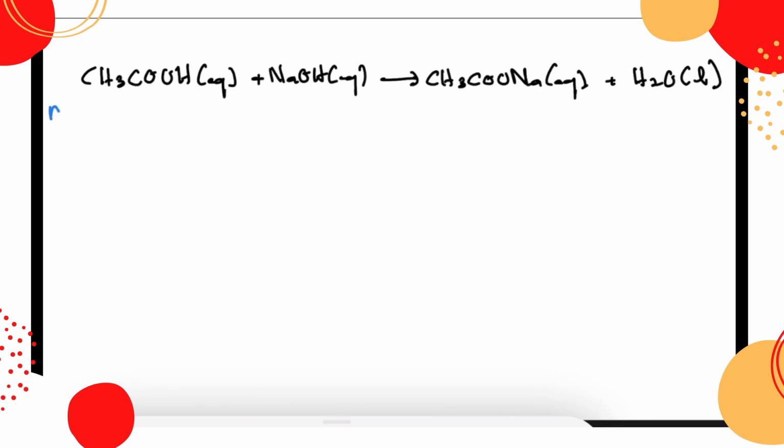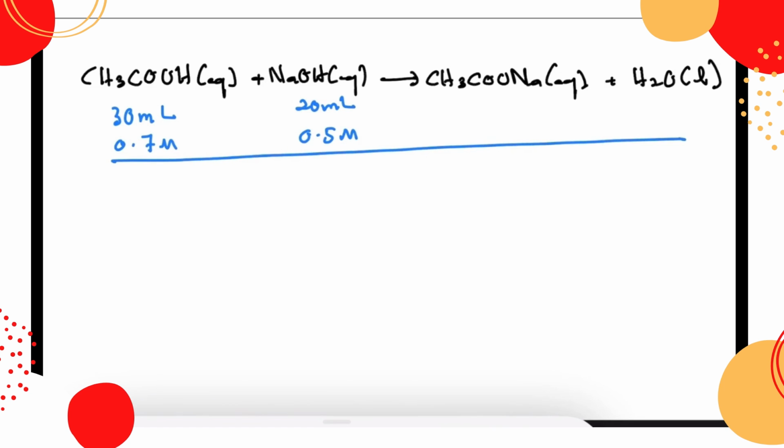So the mole initial, so the information given first. The information given is 30 ml (0.7 molar), and for this one 20 ml 0.5 molar. Okay, so we can have the mole initial, which is 0.021 mole, and this one 0.01 mole.